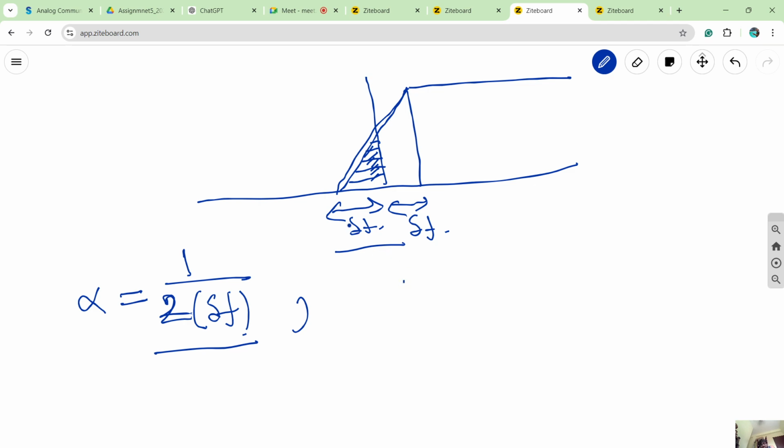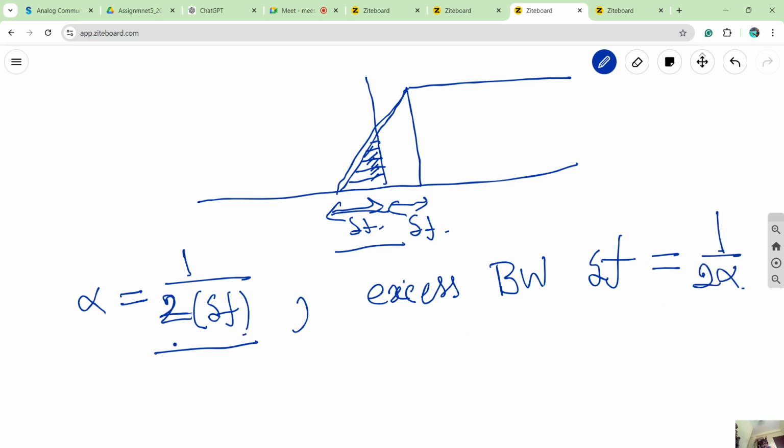And then this excess bandwidth delta f is 1 by 2 alpha from this equation. So the excess bandwidth compared to SSB is 1 by 2 alpha, where alpha is the slope.